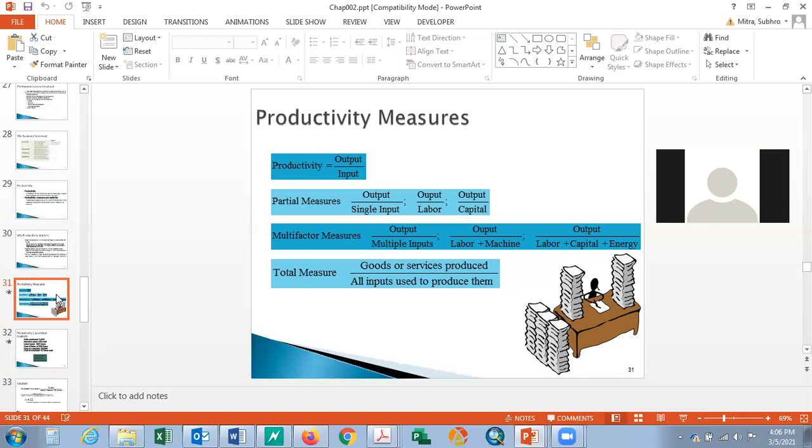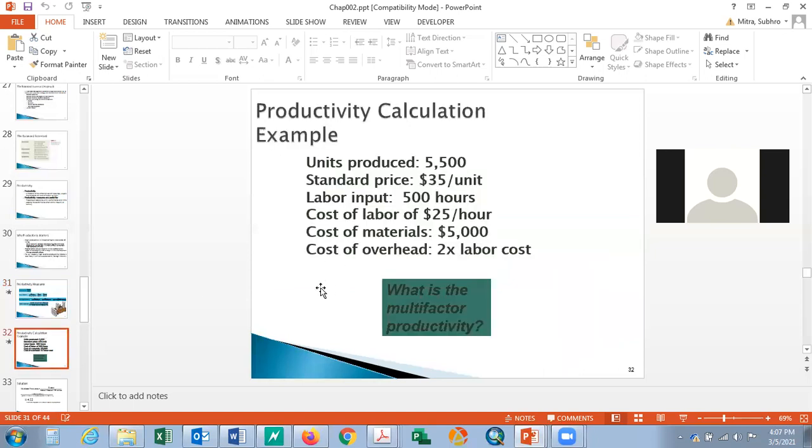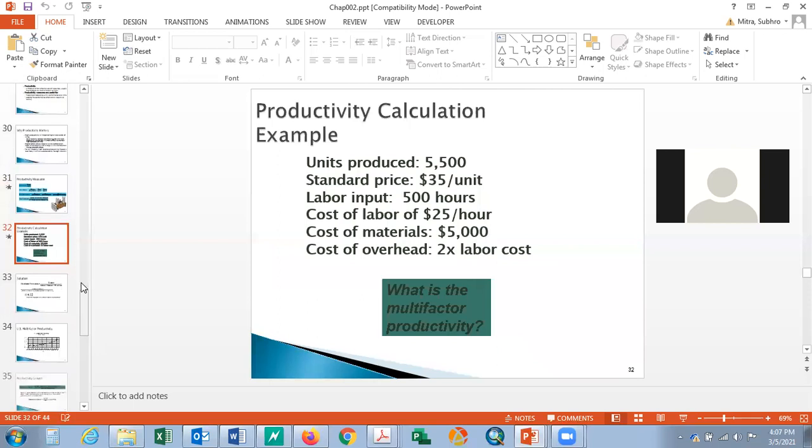One is partial measure, where we use one single unit as the input. And if it's a multi-factor productivity, we include in the denominator all the factors which go into production, like labor, machine, it can be overheads. And there are some worked out problems in the text. You should all go through it. Now here is again an example of multi-factor productivity.